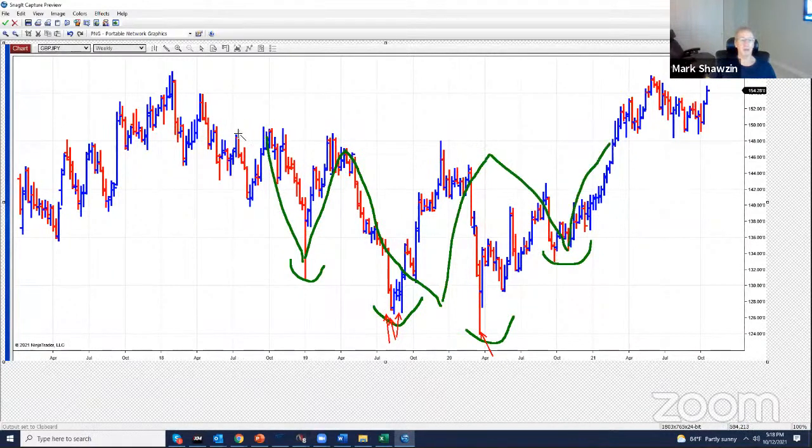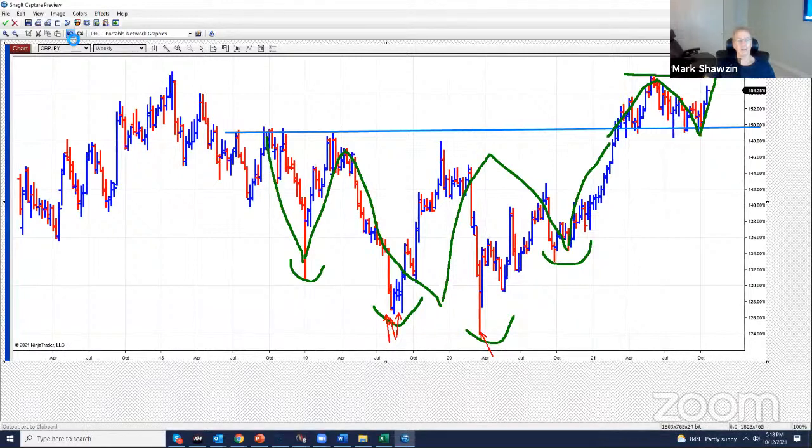The double bottom and the inverted head and shoulders are connected by that neckline at about 150. And you can see that we thrust above there, we retested it, and now once we make a new high, it will really confirm that retest, and this will be a launching pad to go much higher.